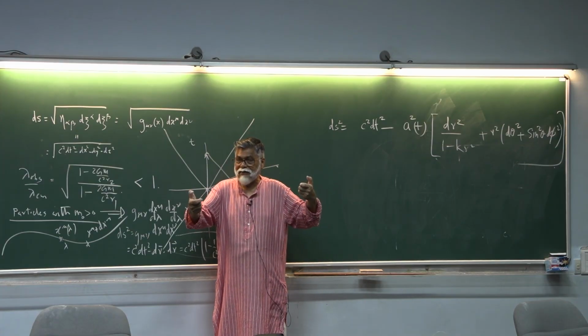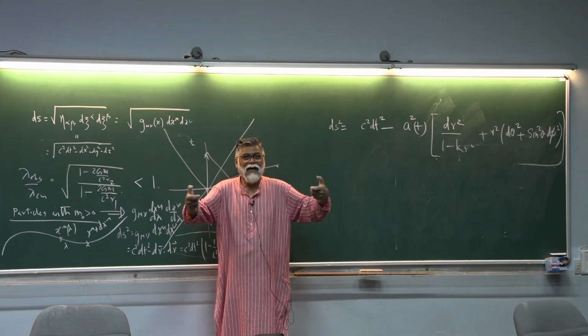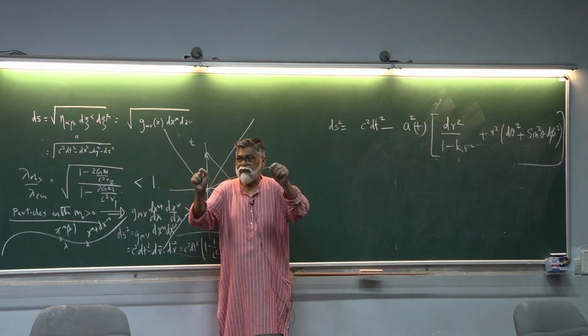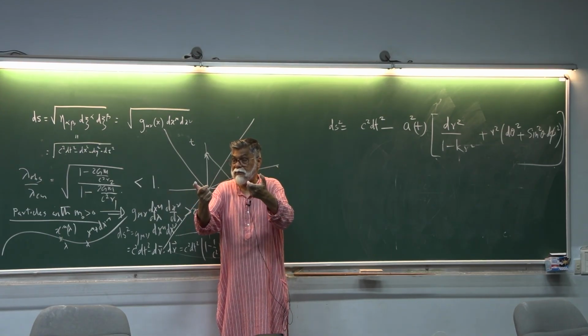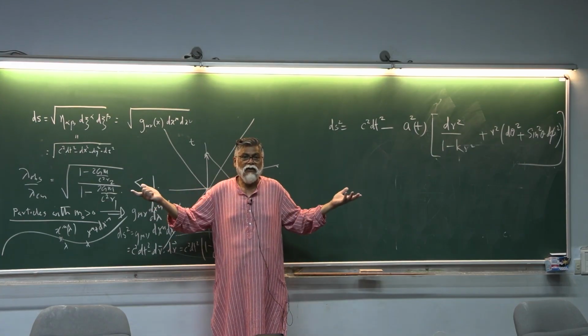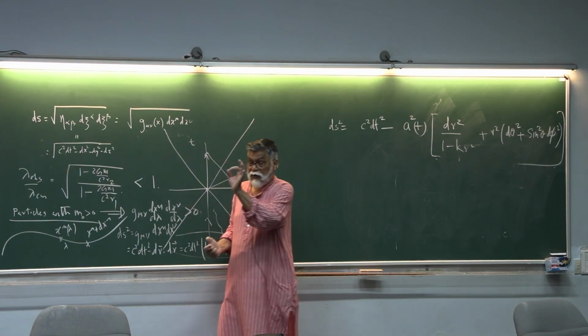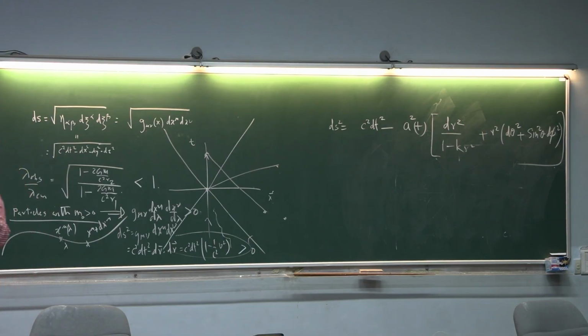So if two events happen, what is the actual proper time a cosmic observer will measure? ds square will be c square dt square, where dr, d theta, d phi will be 0. So the interpretation for that time t is that it is the proper time as measured by the clocks of the cosmic observer. I hope this becomes clear.